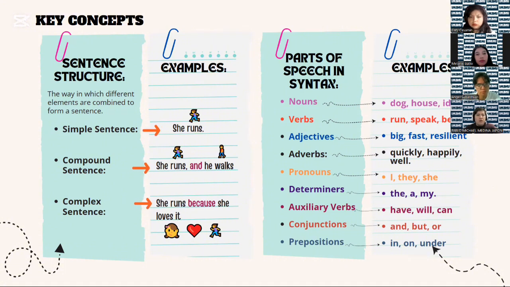Conjunctions link words, phrases, or clauses, like and, but, or. And prepositions show the relationship between a noun and another word in a sentence, like on, under, in, etc. All these parts work together, and syntax decides how they are arranged to form sentences that make sense.